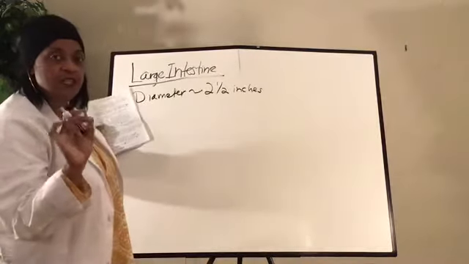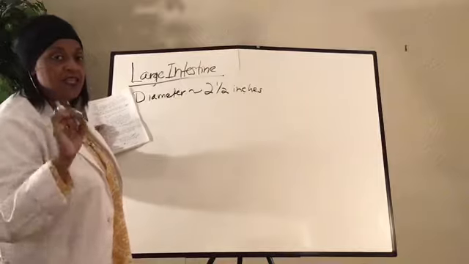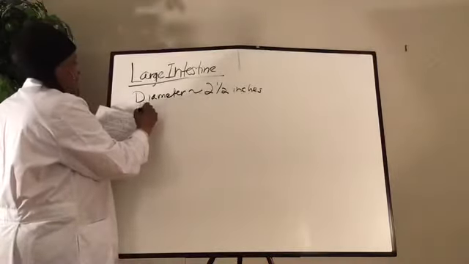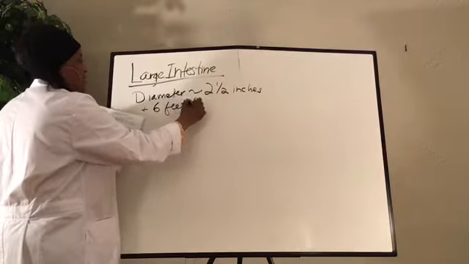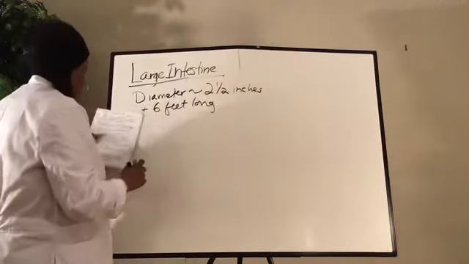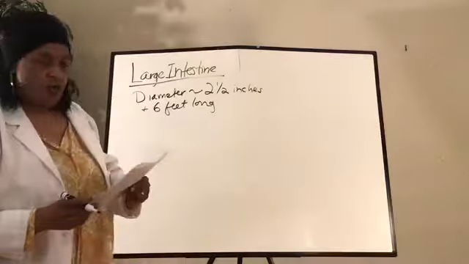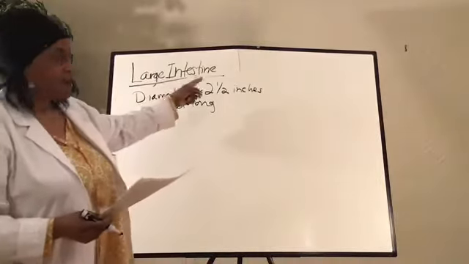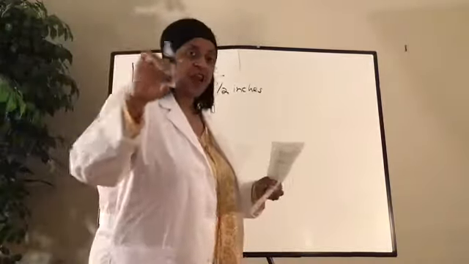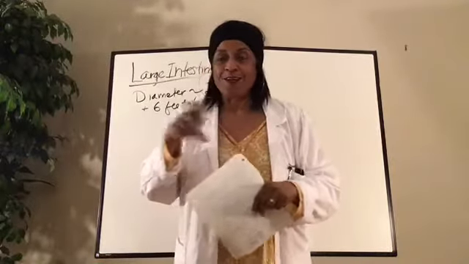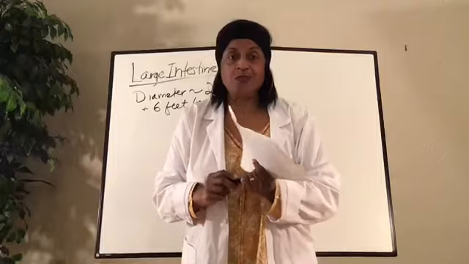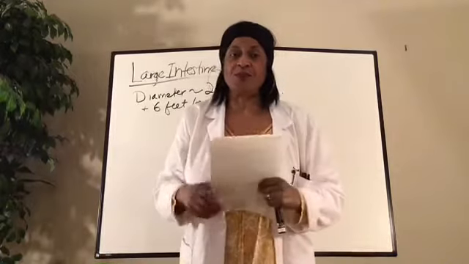If you recall, the small intestines was 20 feet. This is only going to be 6 feet long. Fortunately, the diameter of 2.5 inches narrows as it gets towards the anus, because if it didn't, you'd have a really huge stool, right? A 2.5 inch stool, that'd be pretty big.